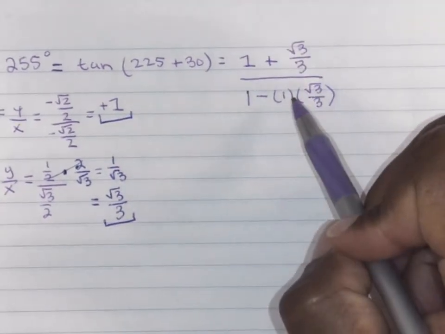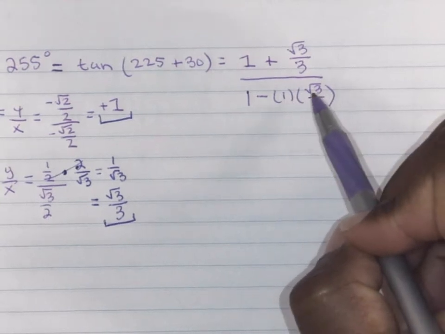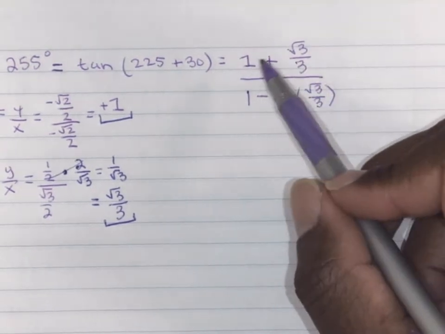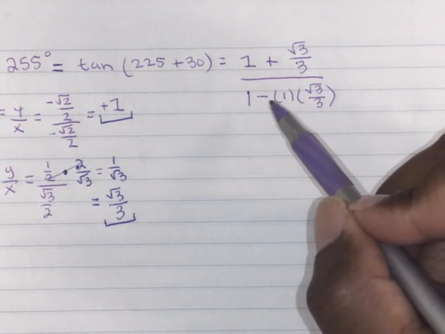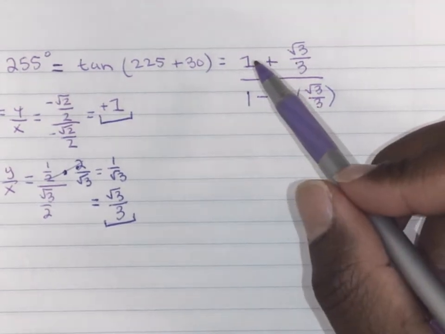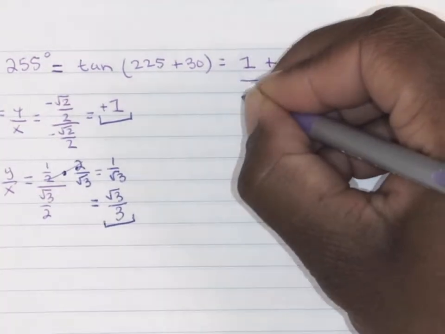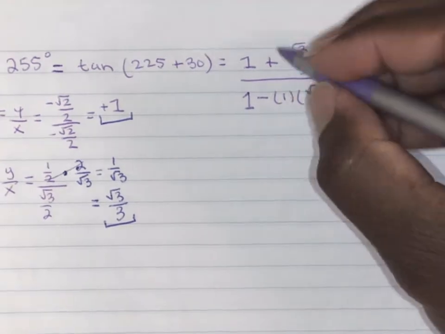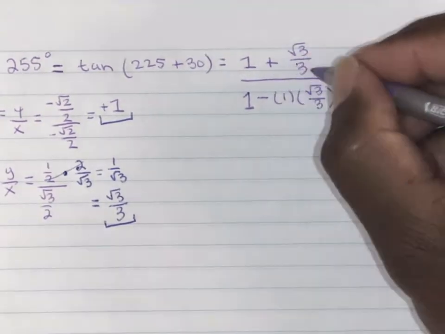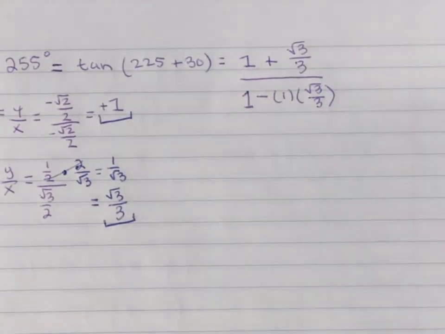So 1 times this will be just this. I do want to have just one fraction on the top and one on the bottom. So what I'll do is convert 1 to be 3 over 3, and then they'll have the same denominator that I can use to add them.